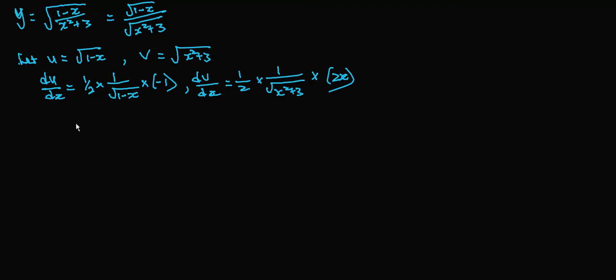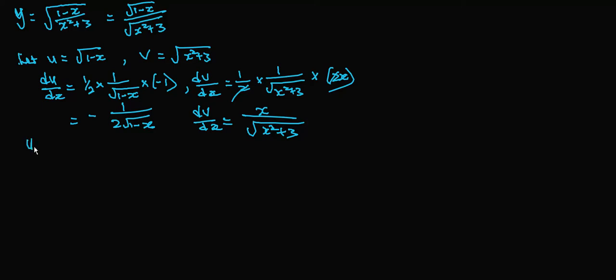Okay. Let's simplify it. du/dx is minus 1 over 2 square root of 1 minus x. Then for dv/dx, the 2 is cancelled out, so this becomes x over square root of x squared plus 3.